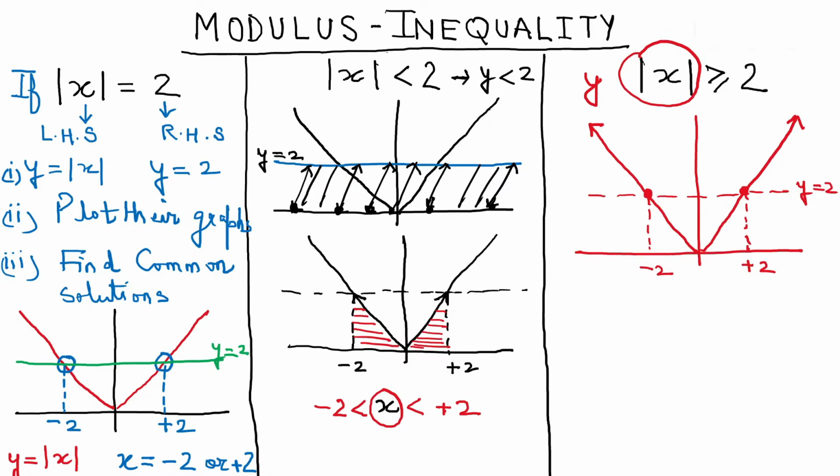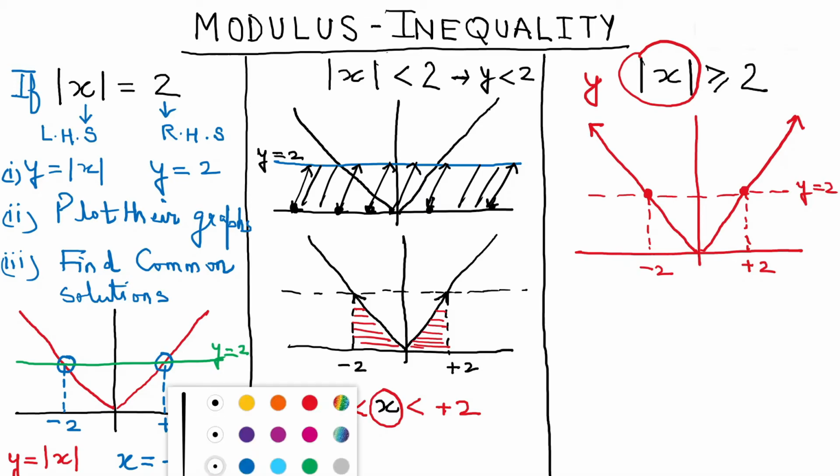So you will see that modulus x is greater than or equal to 2 eventually gets converted into an unbound inequality, and modulus x is less than 2 becomes bound because of the range of modulus x.